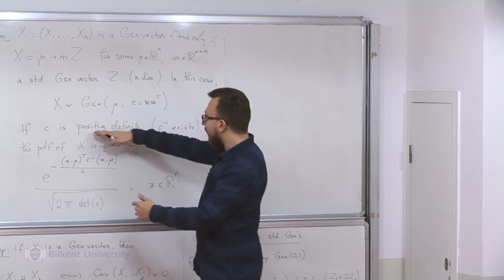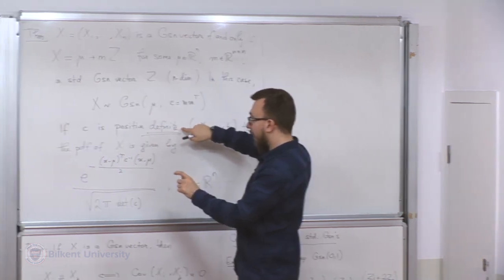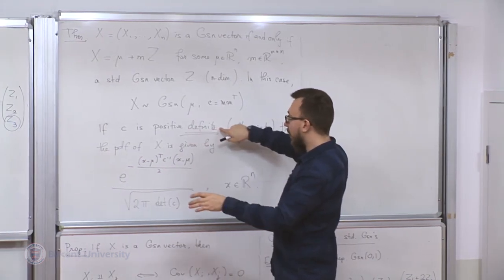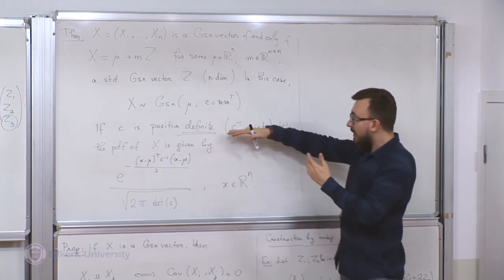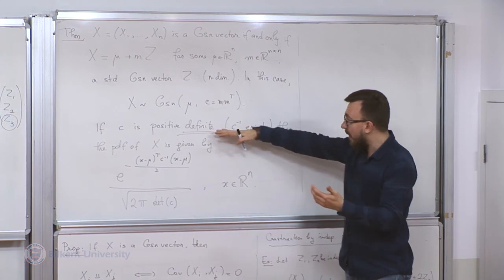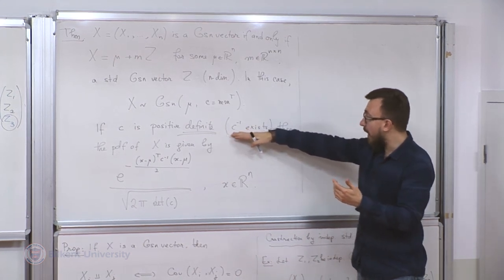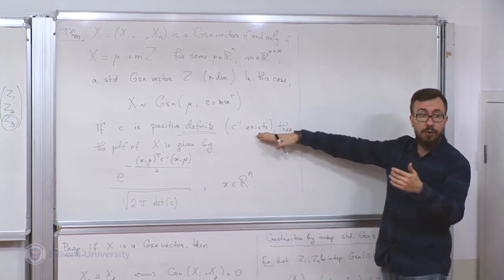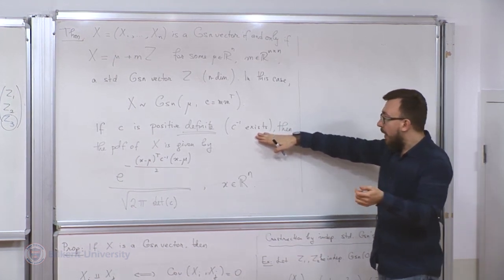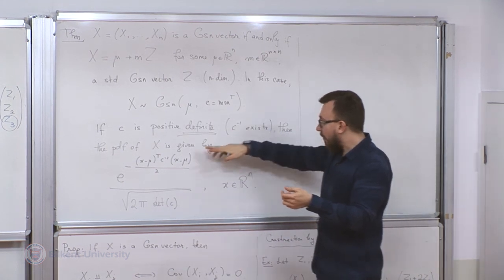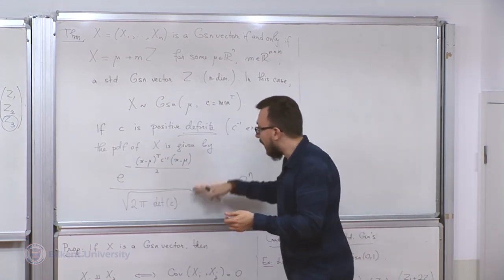But in some nice cases, you really need 3 of them to get a 3-dimensional one. In that case, the covariance matrix becomes positive definite. And since it is already positive semi-definite, this is equivalent to saying that C inverse exists, or all the eigenvalues are strictly positive. Then you can really take the inverse of this matrix, and this is the density formula.